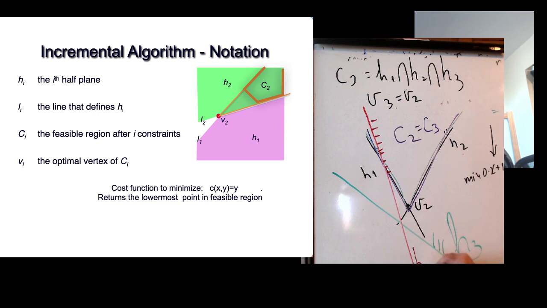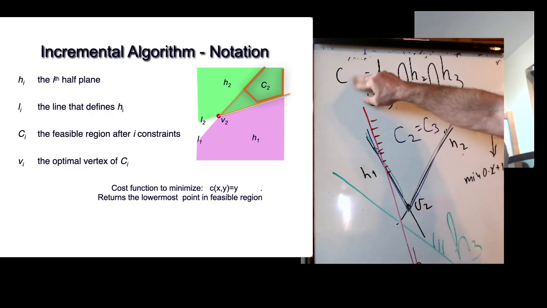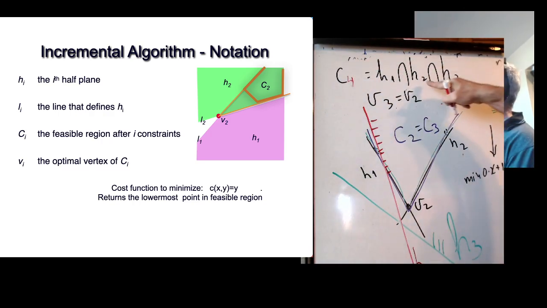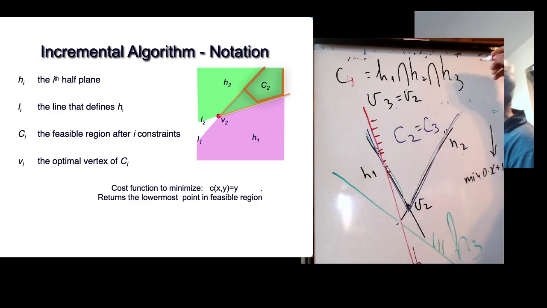Let's move to edge 4. Now it's not true that C2 and C3 are the same thing, because edge 4 does eat something out of it. If it's not clear, I want to compute what is C4, which is edge 1 intersection edge 2 intersection edge 3, everything so far, intersected with edge 4.